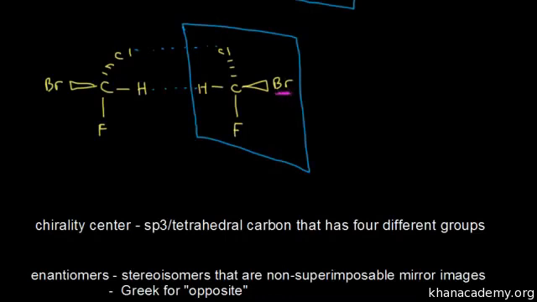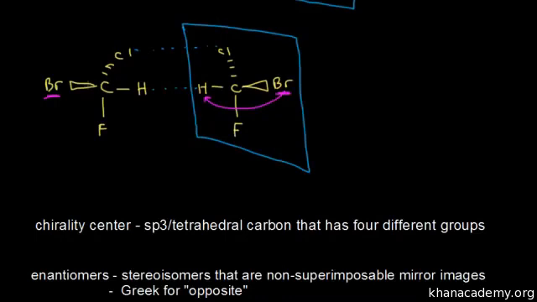Well, one way to do it would be to take the bromine and rotate it over here to try to get the bromine on the left position and coming out at you. And when you do that, you will see that the other atoms don't line up properly. And no matter what you do, you will not be able to get the mirror image to be superimposable with the molecule on the left. Therefore, they are different molecules.